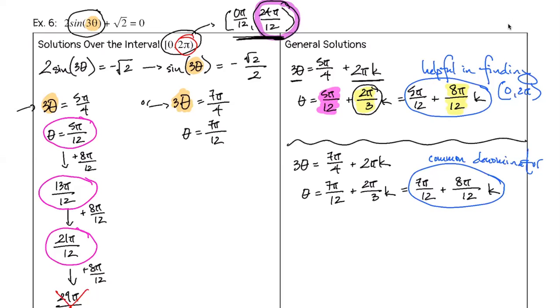All right, so 7 pi over 12 is one of these solutions. But to find another one, where did I get 8 pi over 12? I found a common denominator. 2 pi over 3 with a denominator of 12 is 8 pi over 12. Like you multiply the top and bottom by 4. Right? 3 times 4 gives you 12.